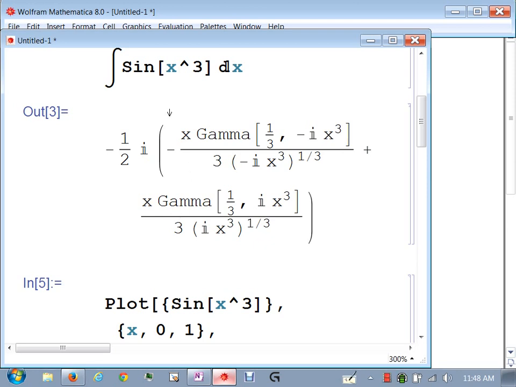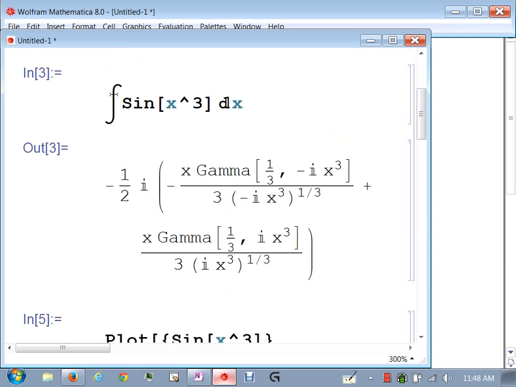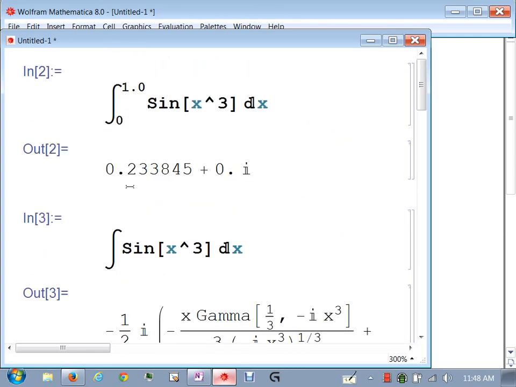Now, if I ask Mathematica for the definite integral, meaning I put the limits of integration on there, it spits back 0.233845 plus 0i. Imagine the imaginary part isn't even there. The answer is 0.233845. So how did Mathematica come up with this numerical approximation?